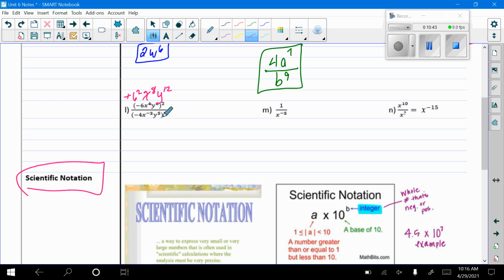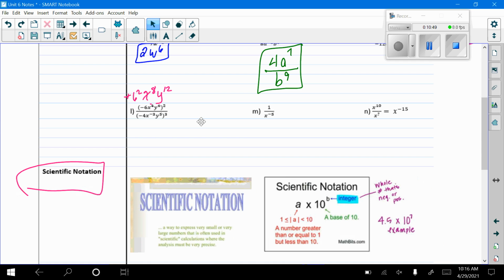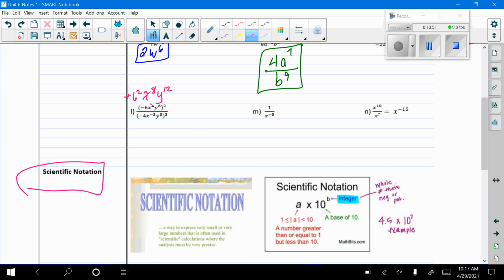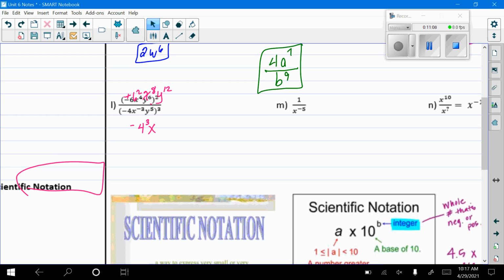On bottom, that's a 3. So I'm going to say 3 negatives is a negative. 4 to the 3rd power. X to the, and again, that's a -3 down there, right?